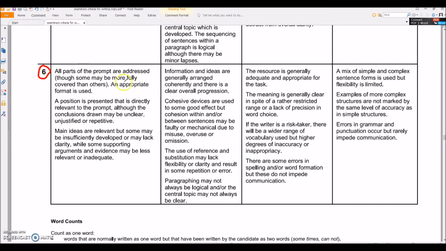For a 6, if you don't cover all parts the same, say you talk about one view more than a second view, it's not covered as completely as the other view. And then you've got a position, but it's not as clear or justified, and your main ideas are not as clear, the evidence and arguments may not be as good.